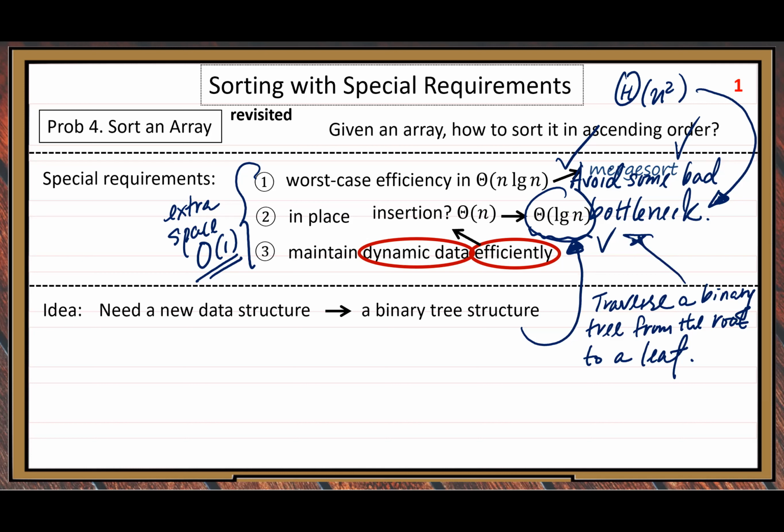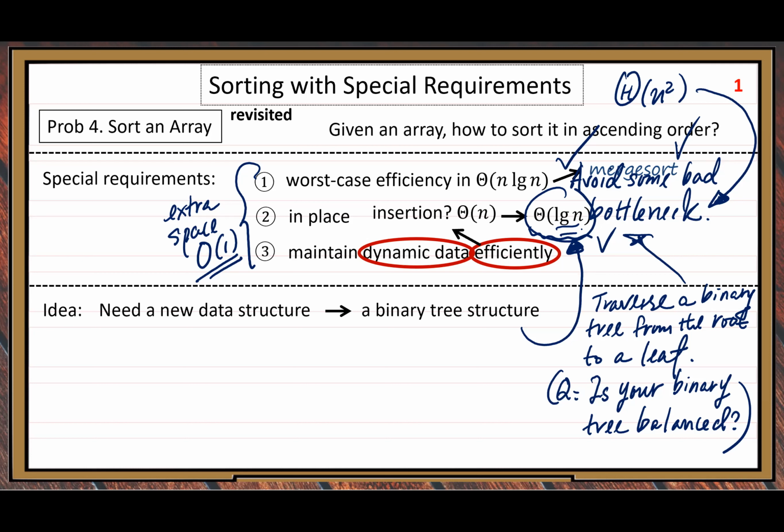Why do I say we just have a chance? Because there is one question we need to consider. Is your binary tree balanced? If your binary tree is not balanced, you cannot get this log n efficiency.